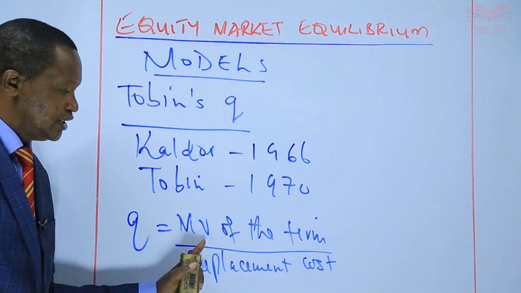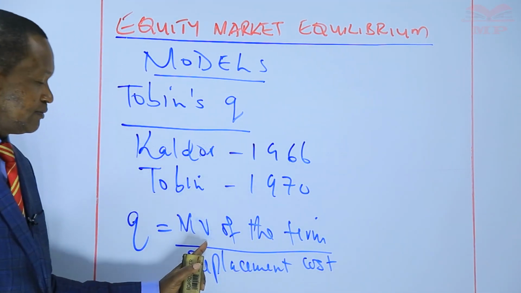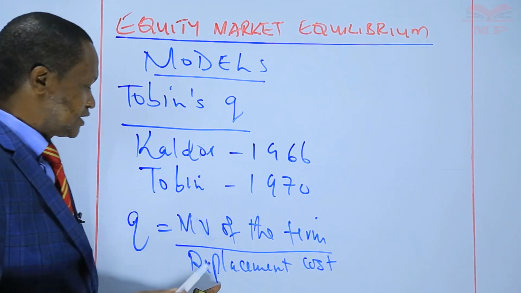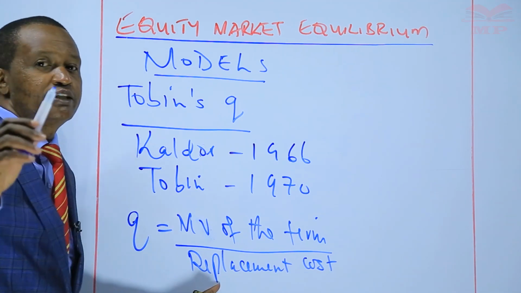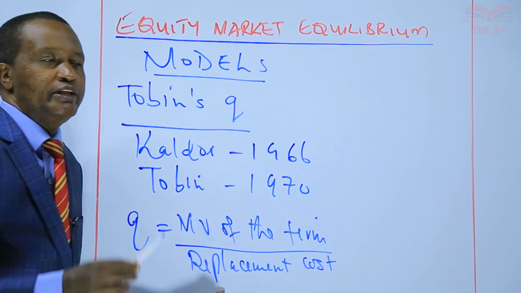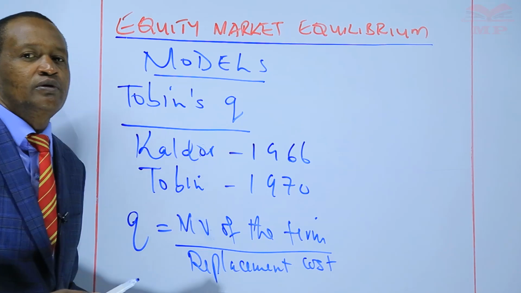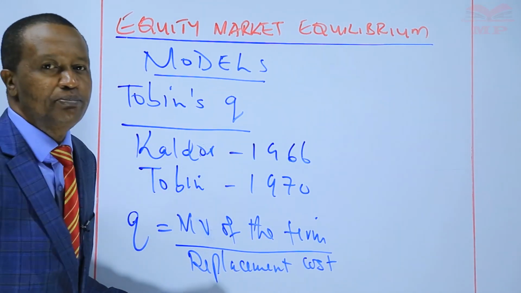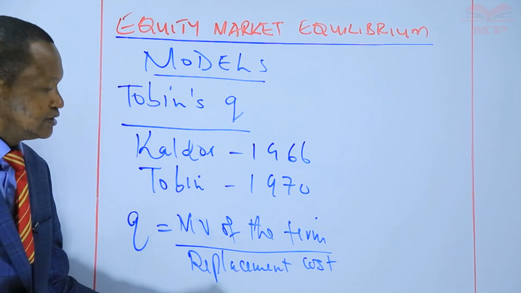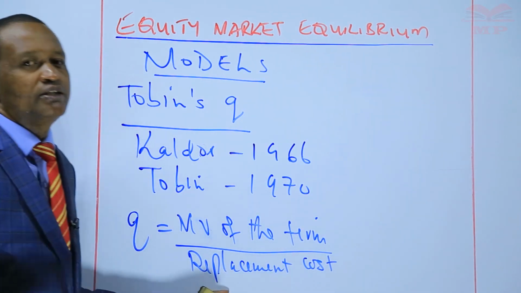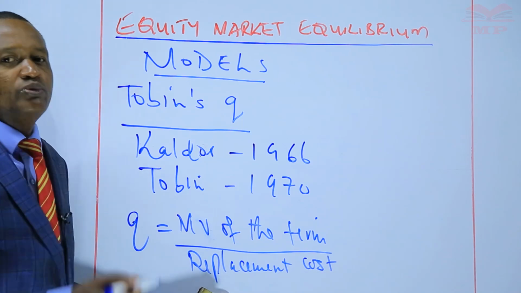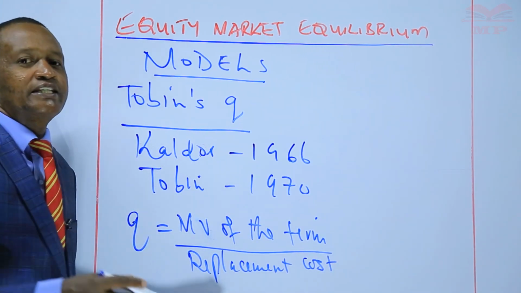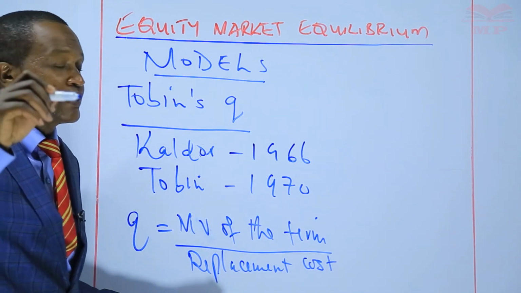So we have the numerator as the market value of the firm, the denominator, the replacement cost, or the reproduction cost, or the price in the market for newly produced commodities. So, candidates, the replacement cost is the price that an entity would pay to replace an existing asset at current market prices with a similar asset.